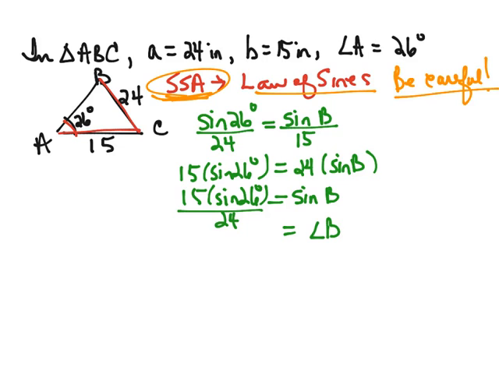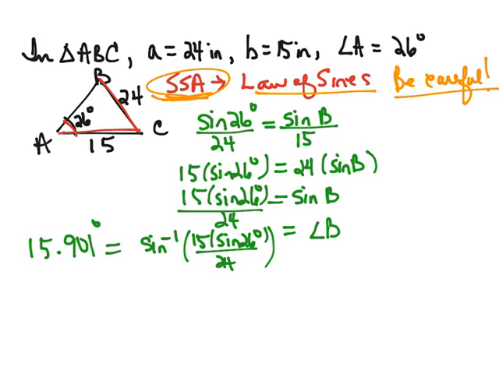And that means that angle B is equal to the inverse sine of this expression. So if we enter that on our calculator, second sine of 15 times the sine of 26 divided by 24, we get that angle B is equal to 15.901 degrees.